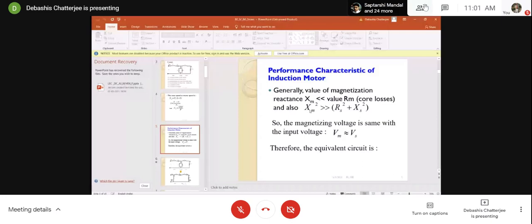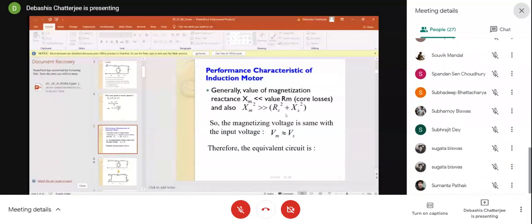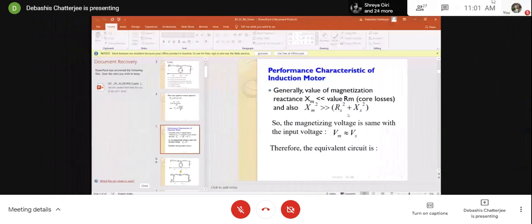If I give you the values for a standard 1 kilowatt machine, the value of RM happens to be around 4000 ohm at rated condition, 415 volt, 1 kilowatt, 1440 RPM machine, and the value of XM is around 250 to 300 ohm. So you see the difference is very large. And the stator impedance will be about 10 to 12 ohm, so it is absolutely negligible.